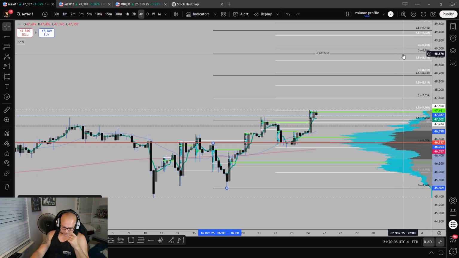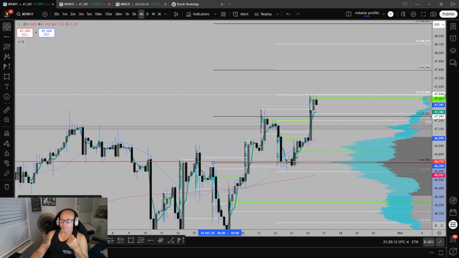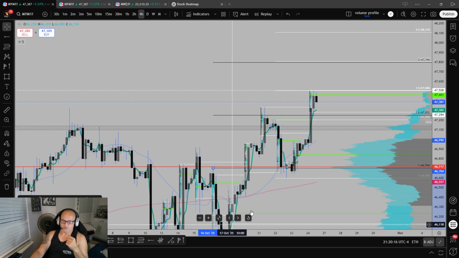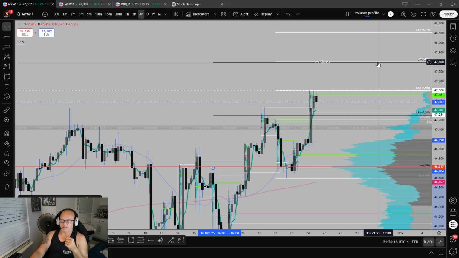But there's something else that you may or may not have noticed right away. The 2 standard deviations for both of these moves is sitting right here at 47,800. That catches my eye.